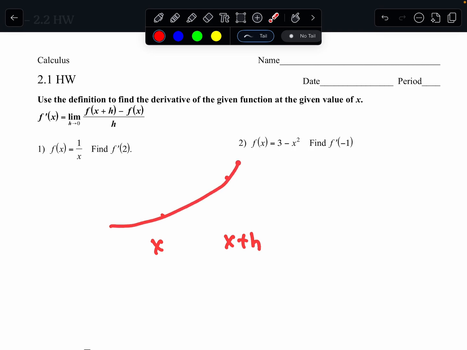And so we have a curve. We're trying to find the slope between those two points, but then we take the distance between these two. The horizontal distance is going to be h. The distance between x and x plus h is just whatever the value of h is. You take x and you add a distance of h, okay?